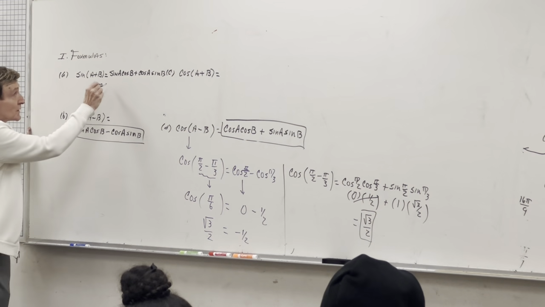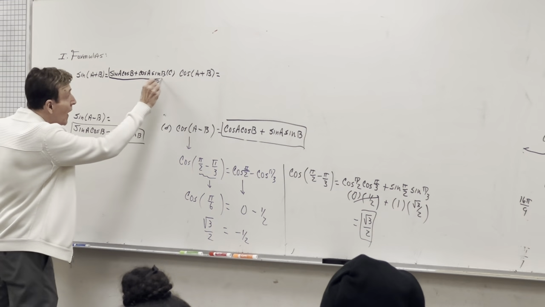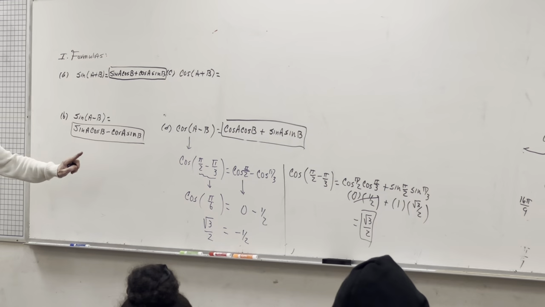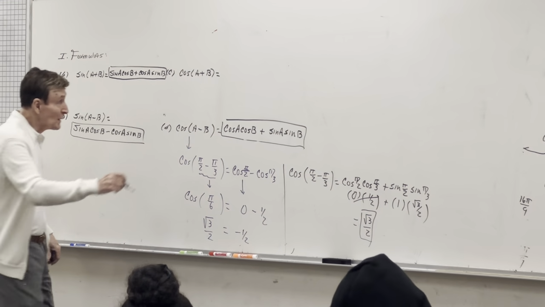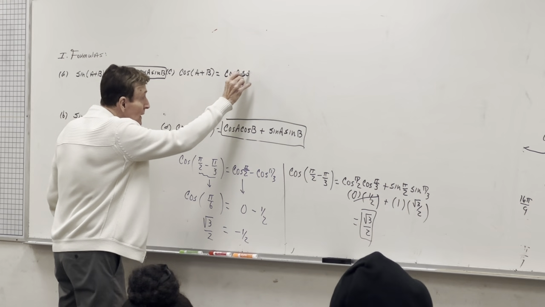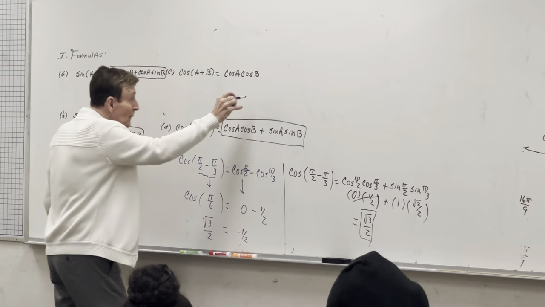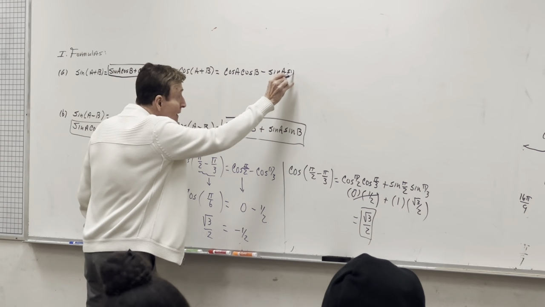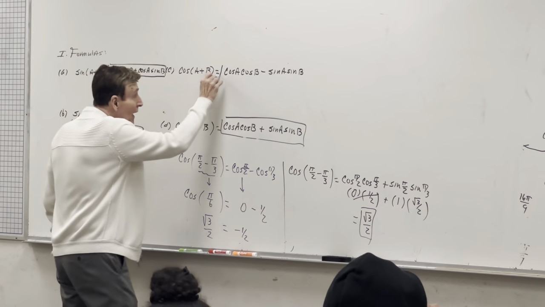And I'm going to do this. That's that one. All right, the formula's correct so far. This one, cosine A plus B, is cosine A cosine B. Is it a minus here? Someone remind me. In my head, was it a minus there?